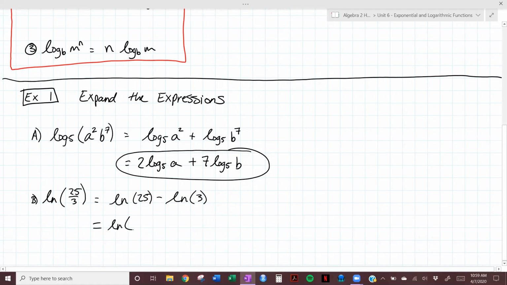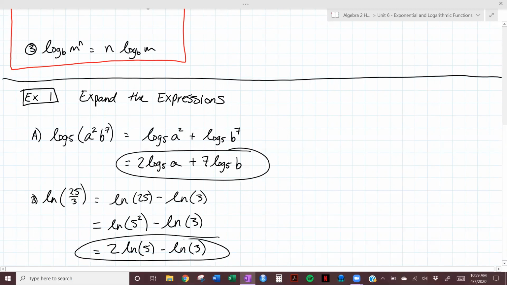So this is the natural log of 5 squared minus the natural log of 3, which equals 2 times the natural log of 5. Sorry, that's a really bad 5. 5 minus the natural log of 3. That would be your answer.